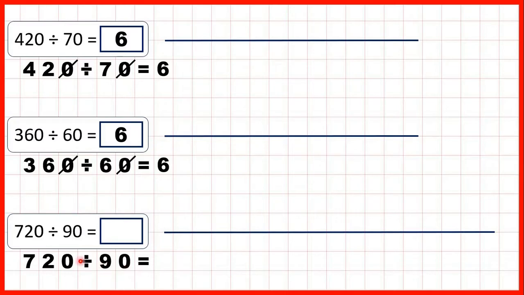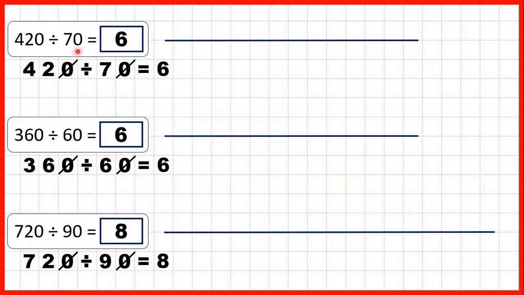Both numbers are multiples of 10, so we can cancel our end zeros, and 72 divided by 9 is 8, so that's also our answer to 720 divided by 90. So remember, when we're dividing multiples of 10, we can cancel our end zeros to solve these problems mentally.